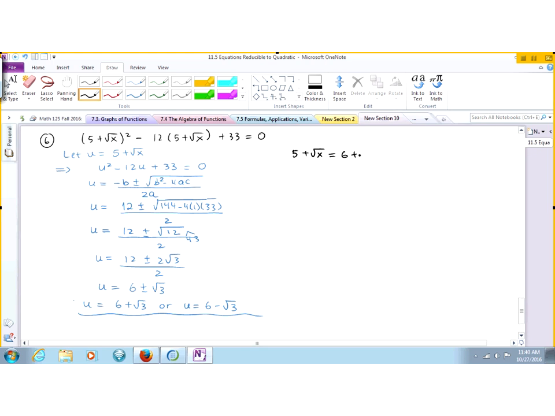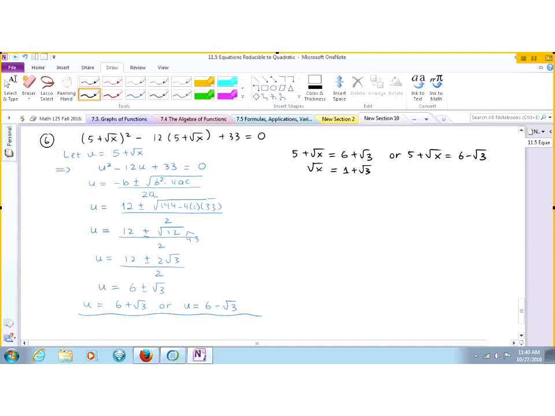So 5 plus square root of x is equal to 6 plus square root of 3, or 5 plus square root of x is equal to 6 minus square root of 3. All right, so how do I solve it? Square root of x is equal to 1 plus square root of 3, right?